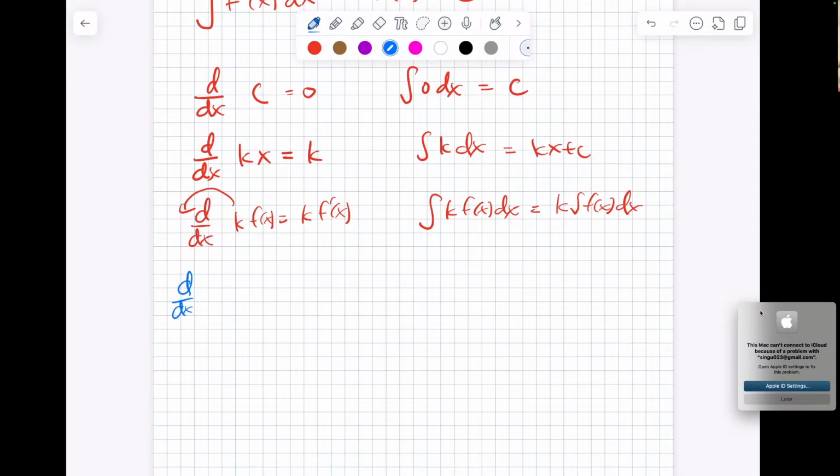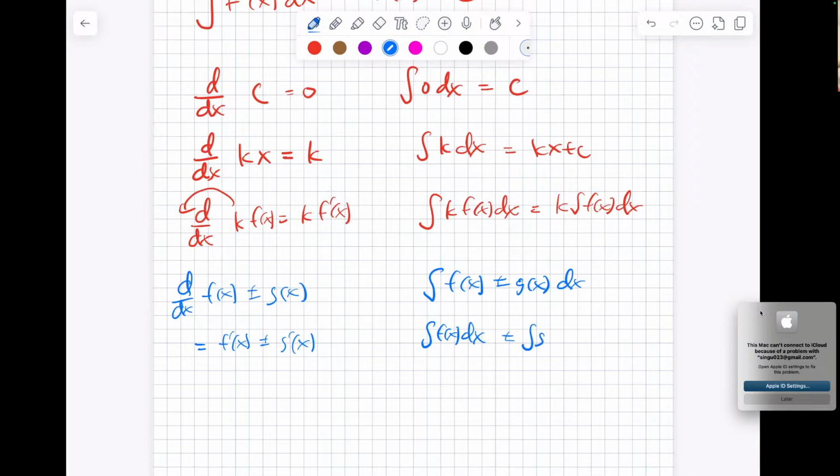How about if you take a derivative of f of x plus or minus g of x? Well, that's equal to f prime of x plus or minus g prime of x. It's kind of like distribution. Integration of f of x plus or minus g of x dx is equal to the integration of f of x dx plus or minus the integration of g of x dx.